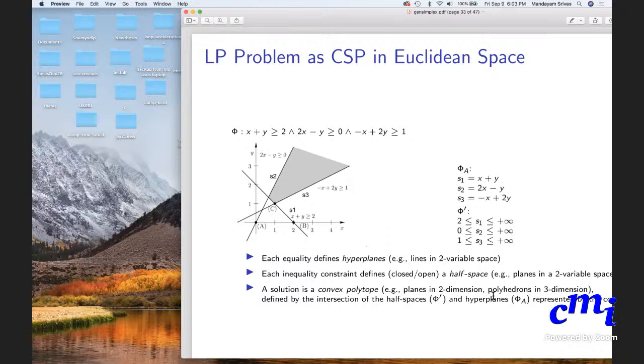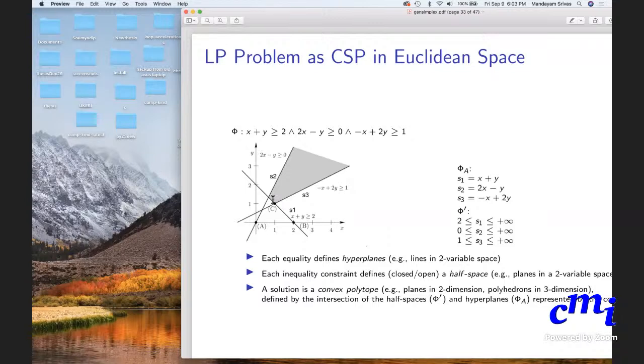In 3 dimensions they form polyhedrons, and in 2 dimensions they are planes. The region defined by the intersection of all these half spaces is the solution space for the variables.